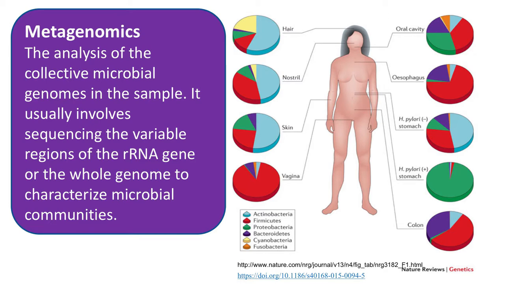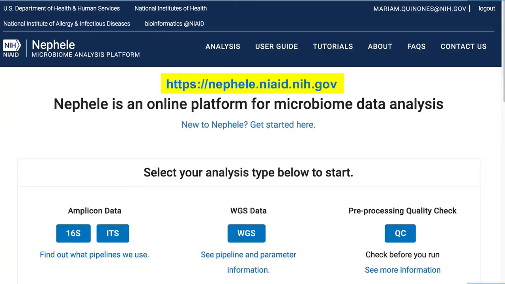Now we want to really go beyond just characterizing. But I should say, this is a free advertisement for a free tool that we developed in our group, and it's called Nefeli, and if anyone would like to use it, it's totally free, and it's for metagenomic data analysis.